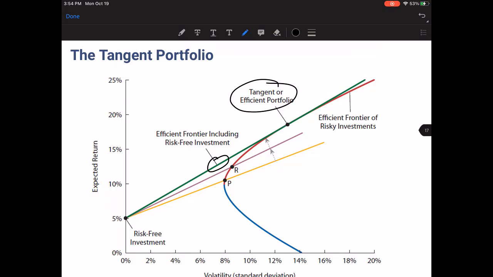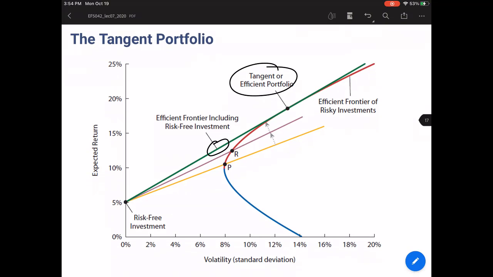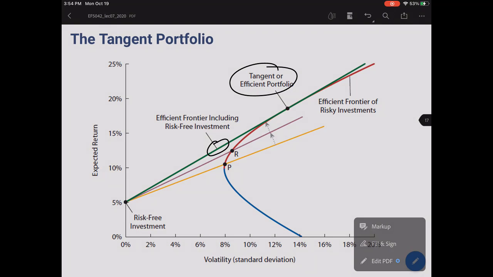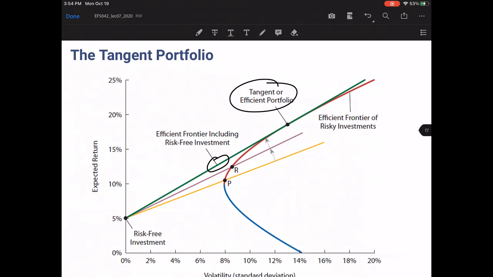That's the punchline here. All right, as will be stated in the next slide, the slope of this frontier is called the Sharpe ratio.